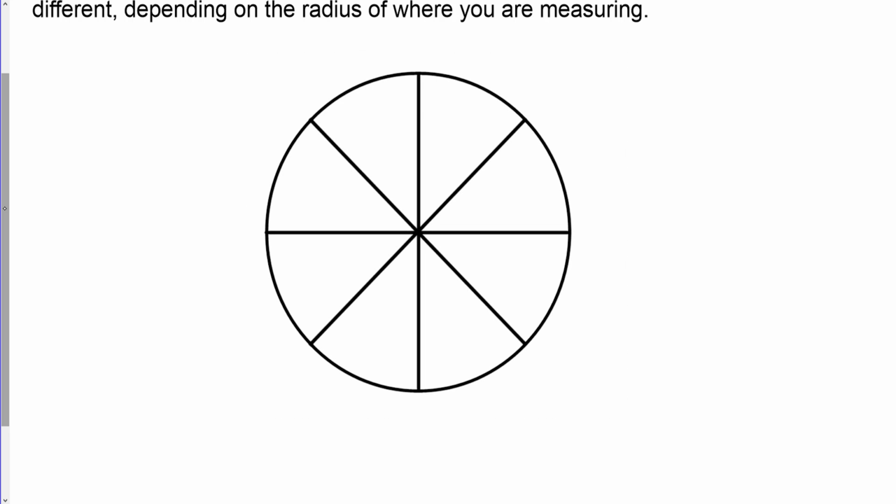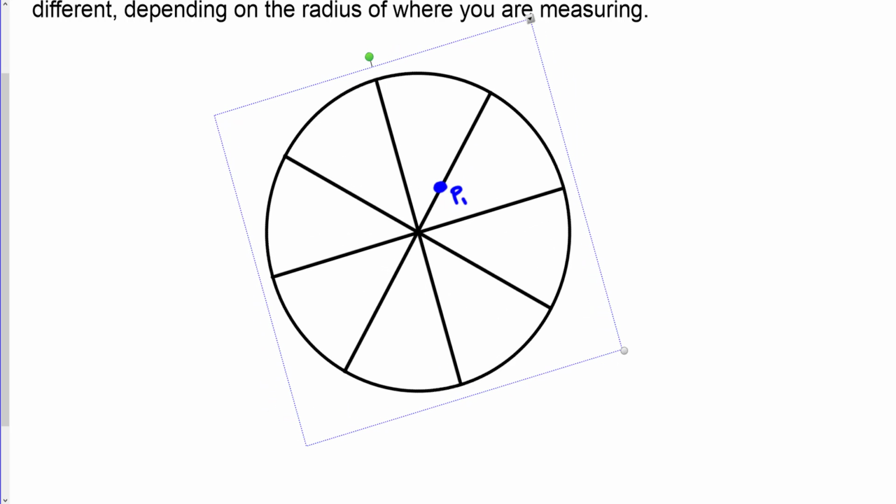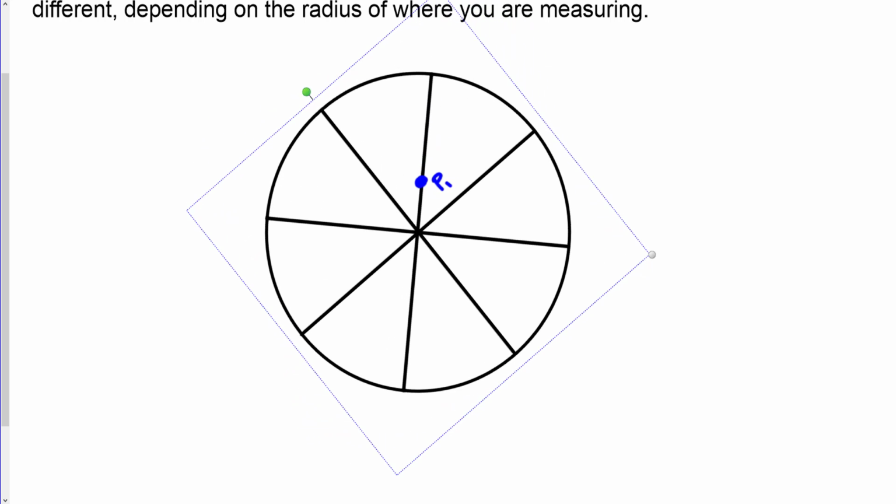So I have a wheel. On this wheel, I'm going to pick a point and I'm going to call it P1. Now I'm going to rotate this wheel and we're going to watch what happens with that point P1. As I rotate the wheel, this point P1 rotates in basically a circle.